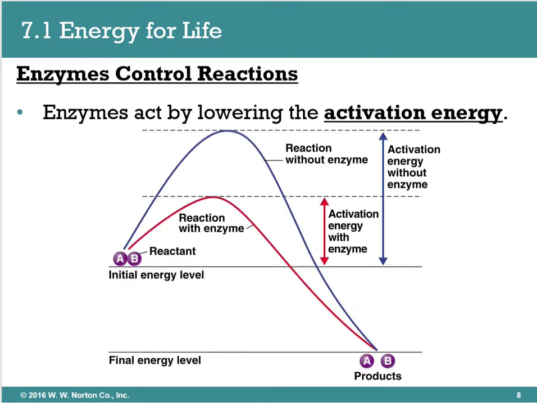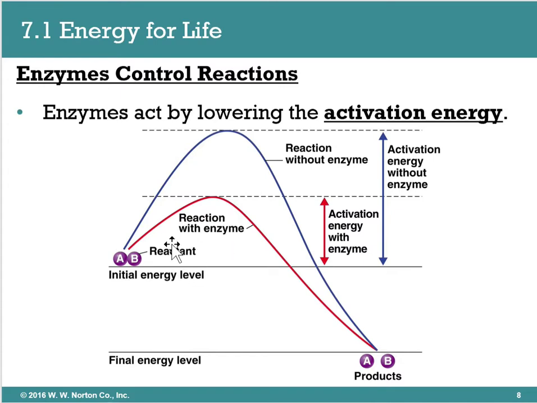Okay. Also, another thing that can aid a reaction is something called enzymes. Enzymes specifically help lower something called the activation energy. So they make the reaction go quicker, and they also help the reaction not have to use so much energy. This blue curve represents a reaction without an enzyme. As you see, it takes more energy and it takes longer since you have to use so much energy.